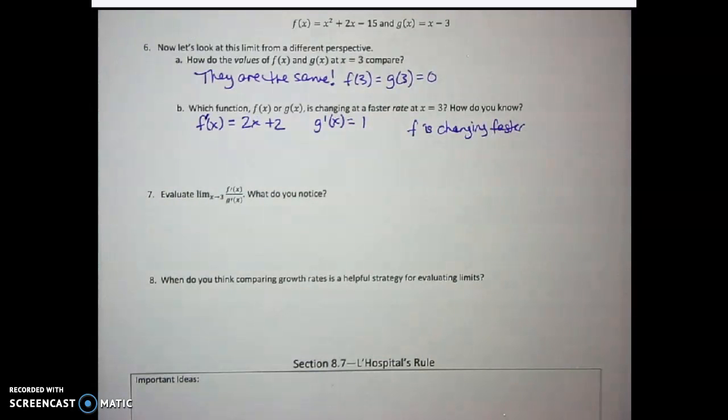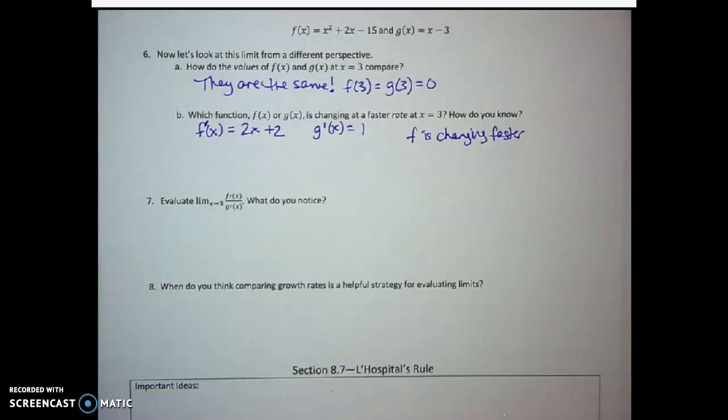When we take the derivative, we can see that f is changing at a faster rate, because the slope of the g function is a constant rate of 1, whereas the f function has a slope of 2, so it is increasing. So the f function is changing faster.